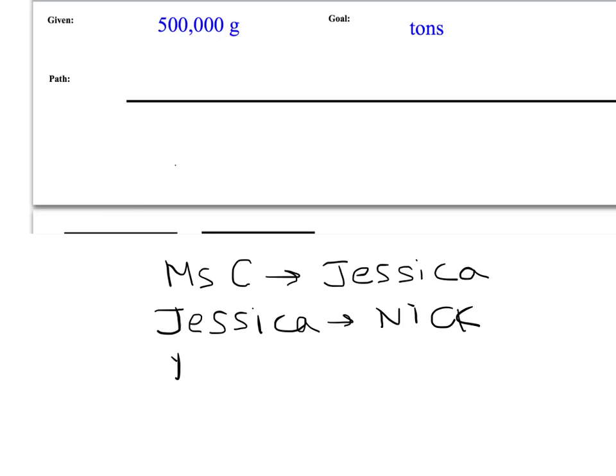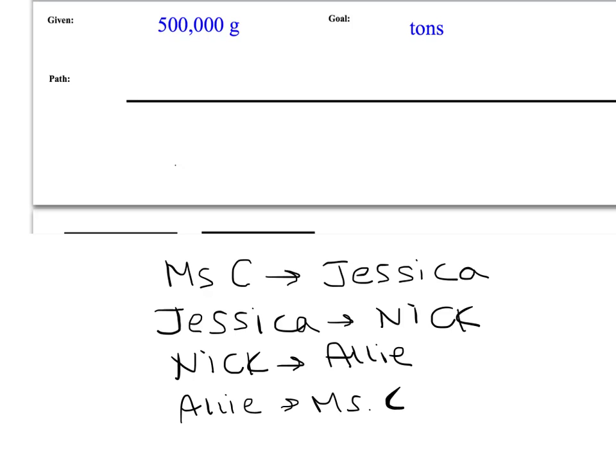And Nick is in a class with Allie. And Allie has Miss Campbell on her first block. So there is a connection between Miss Campbell and Jessica: Miss Campbell has to give the note to Allie, Allie has to give the note to Nick, and Nick has to give the note to Jessica.